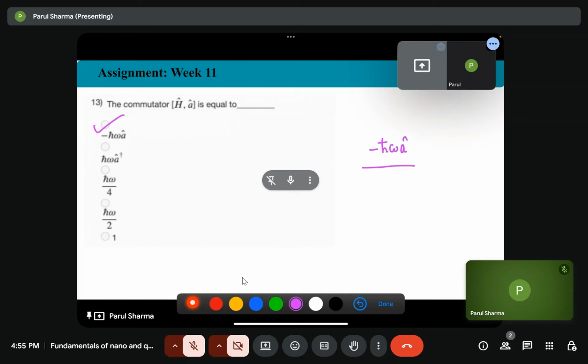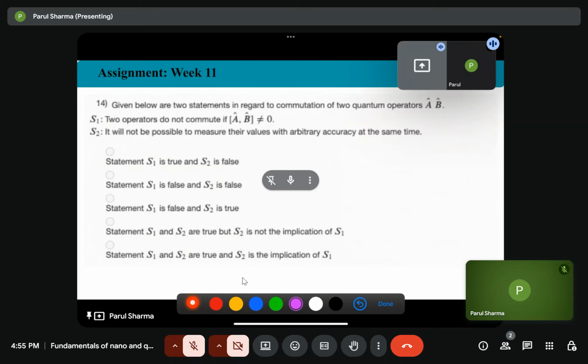Next, given below are two statements in regard to commutation of two quantum operators A and B. Two operators do not commute if AB is not equal to 0. It will not be possible to measure their values with arbitrary accuracy at the same time. We saw that. We saw the implication of this commutator.